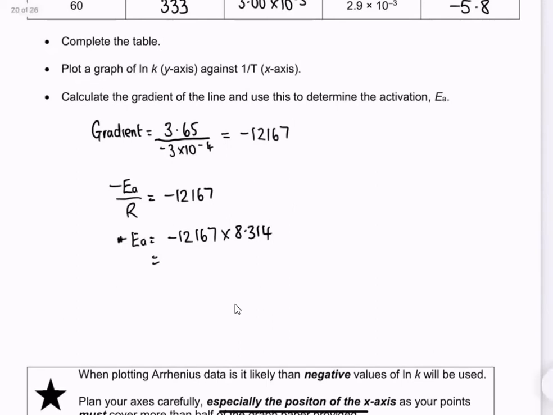I can get rid of the minus sign by timesing by minus R. And if I do that, I'm going to get 101153, and that's going to be in joules per mole, which is 101 kilojoules per mole. So did you get somewhere in the region of 100 kilojoules per mole for your activation energy?